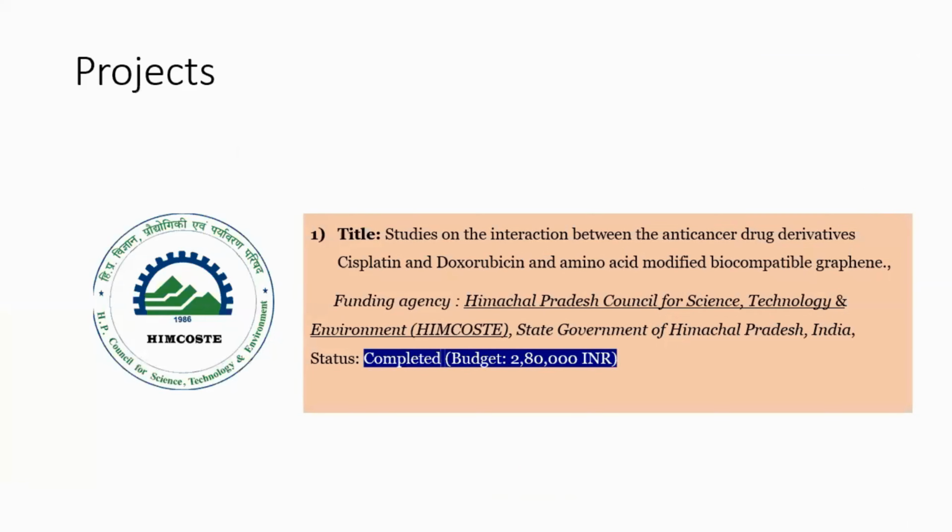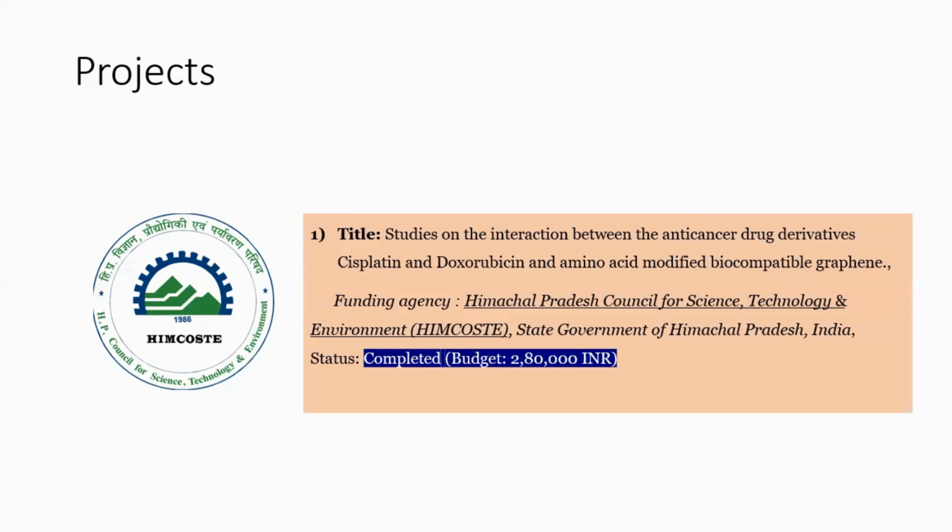We have also completed one project from the state government of Himachal Pradesh. Here we developed biocompatible graphene. We take two types of graphene: one is normal graphene, and another is graphene modified with amino acids.